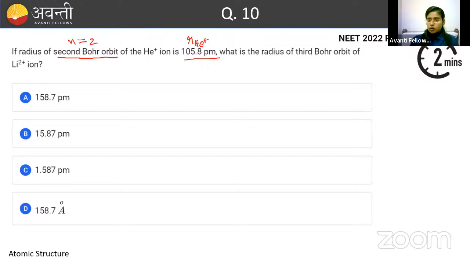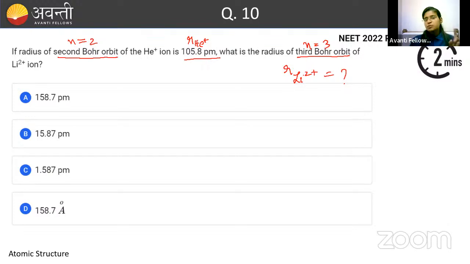We are asked to find the radius R for lithium 2 plus, and the Bohr orbit for lithium 2 plus is 3, so n is equal to 3. How do we find it? What is the relation?